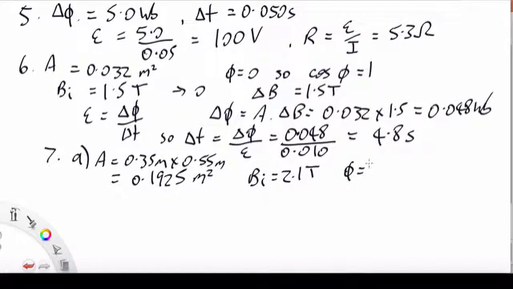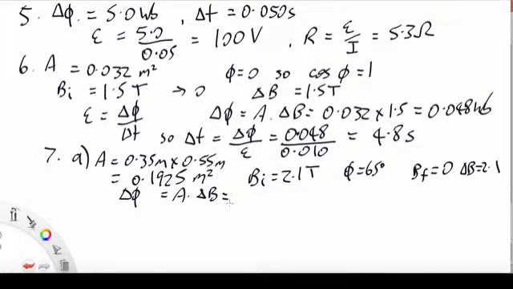We have an angle of 65 degrees, and we have the final magnetic field is 0. So that, of course, means our delta B equals 2.1. So delta phi is A times delta B times, sorry, I should not have forgotten that that is cos of 65.